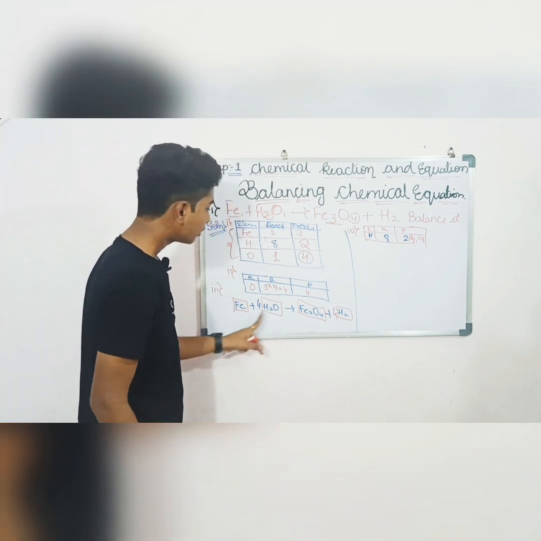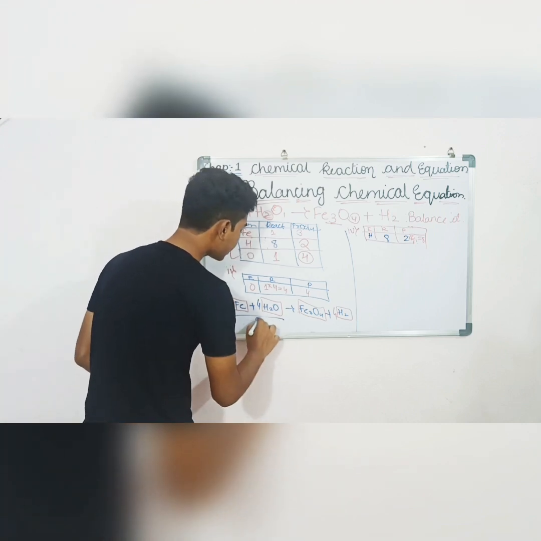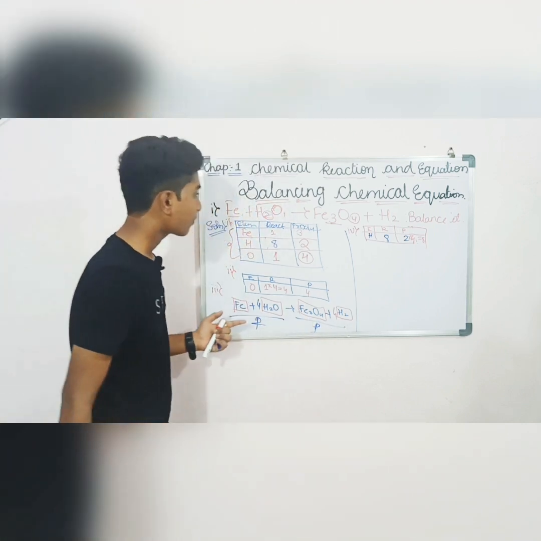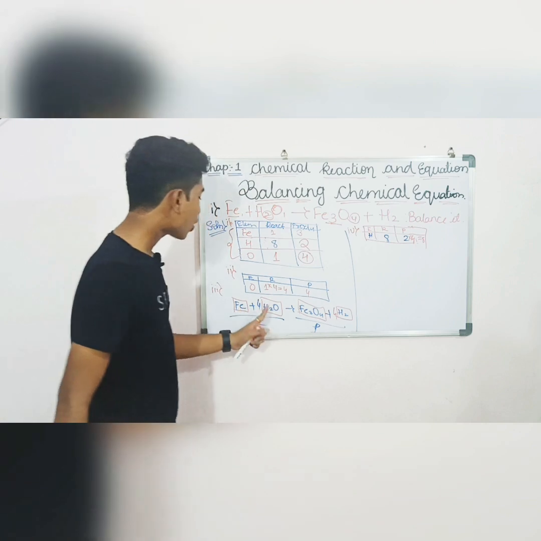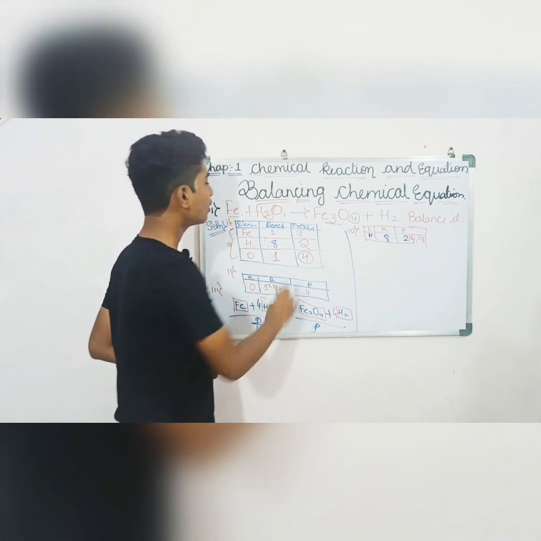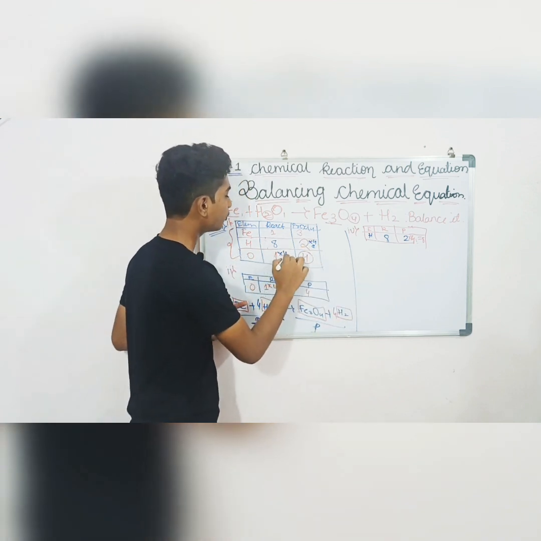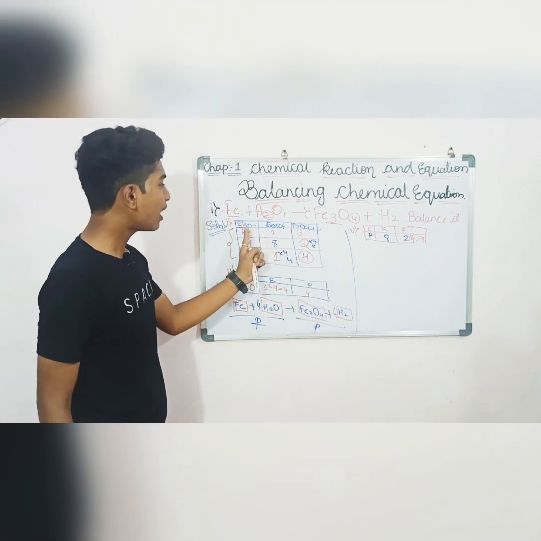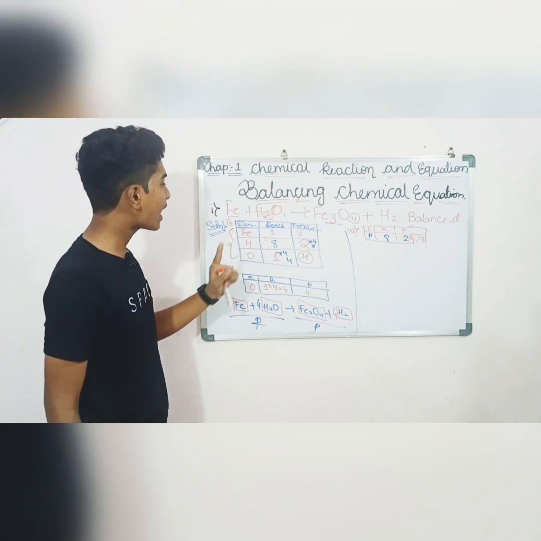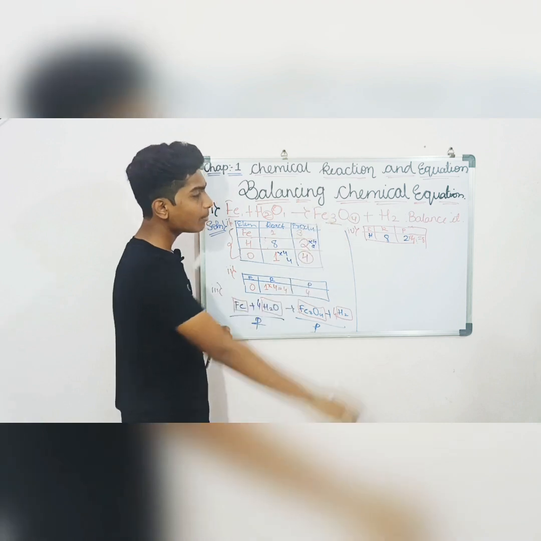Fe 1, Fe 3. This is reactant side and this is product side. Now we balanced oxygen and hydrogen. Now the only leftover is, now it will become 8 balanced, and here also with 4 balanced. Now the left element is Fe, which is iron. Now Fe atoms are 1 at reactant side and 3 at product side.